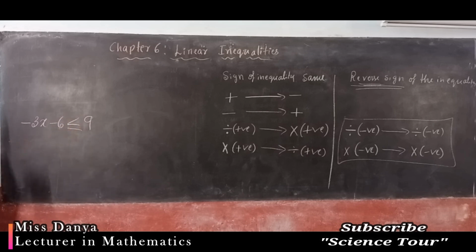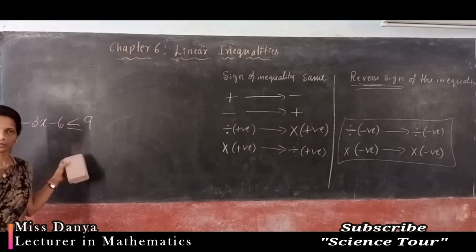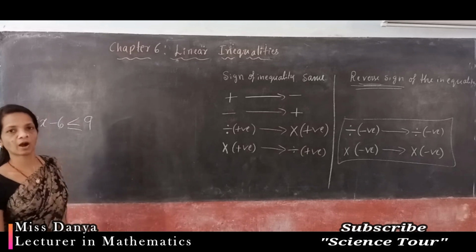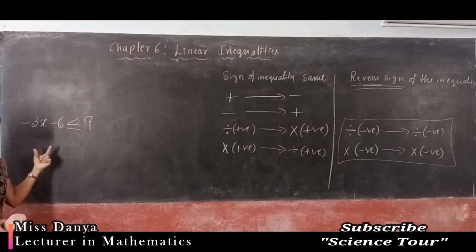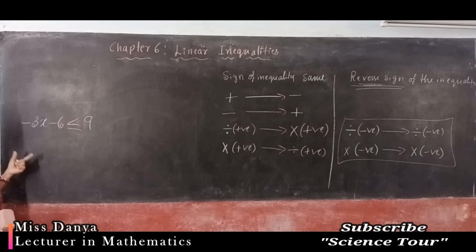How we simplify in the case of an equation, the same thing you have to do here also, but in the highlighted situations you have to be careful. That is, if you are multiplying by a negative number or dividing by a negative number, then you have to reverse the sign of the inequality.